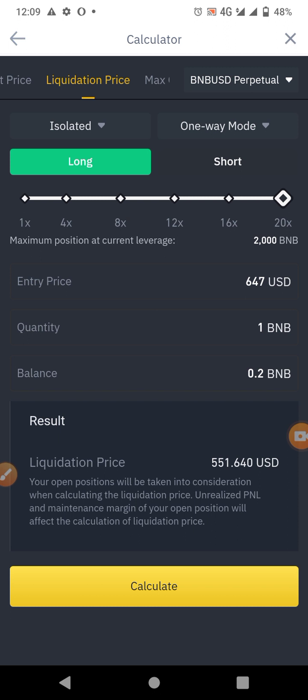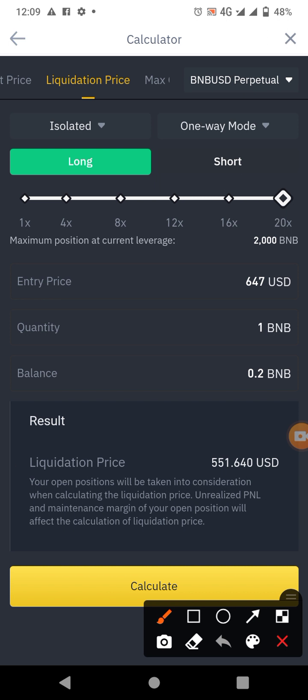Now, if BNB continues dropping until BNB reaches $551.640, that's when I will lose all my investment. That's when I will lose my whole 0.2 BNB. That's when I will lose everything. But let's assume that BNB now reaches like 540. My trade will still be probably minus 90 something percent.